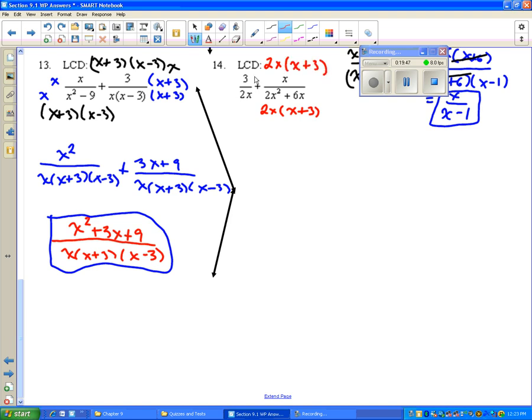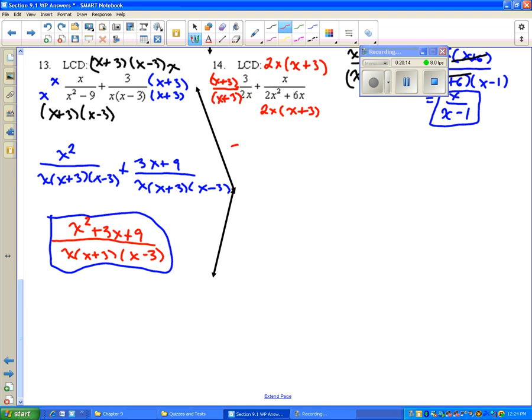Again, I'm adding two fractions, so my answer should have my LCD in it. So over here, all I'm missing is the x plus 3 in the denominator. So I'm going to multiply top and bottom, numerator and denominator, by x plus 3. Here, I already have the 2x and the x plus 3 in my denominator, so I'm just going to leave this fraction the same.